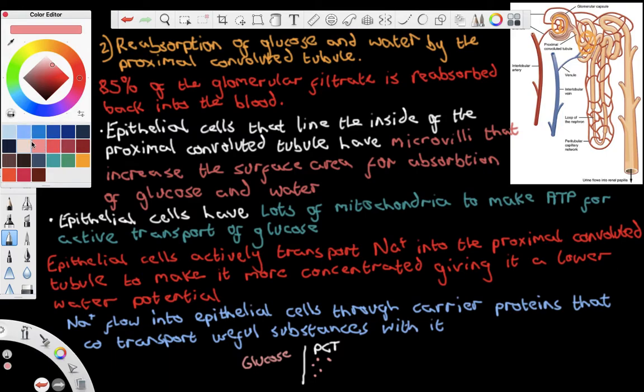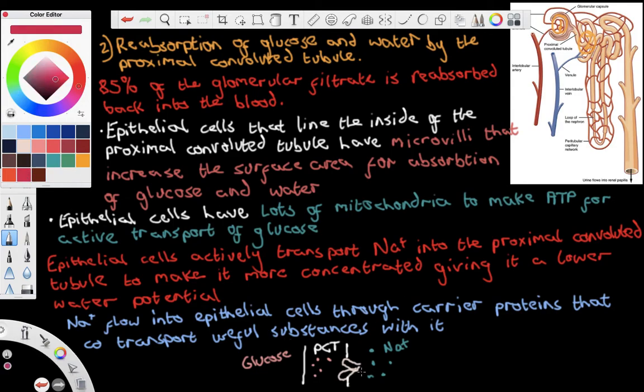The carrier proteins used would carry glucose molecules, and it would also carry sodium ions. So rather than just transporting sodium ions into the proximal convoluted tubule, so these are my sodium ions, these sodium ions would be transported in and glucose would be transported out as this carrier protein changes shape.